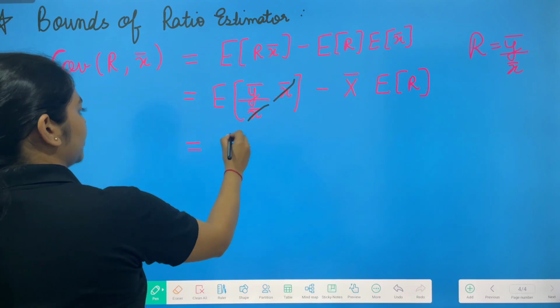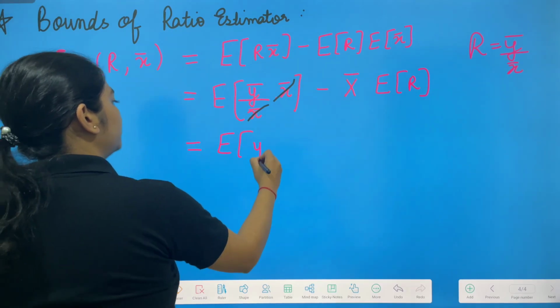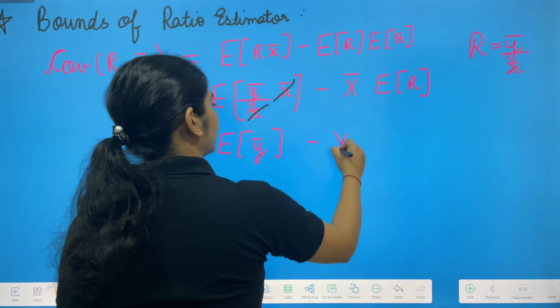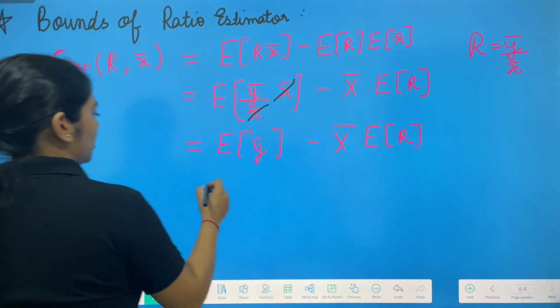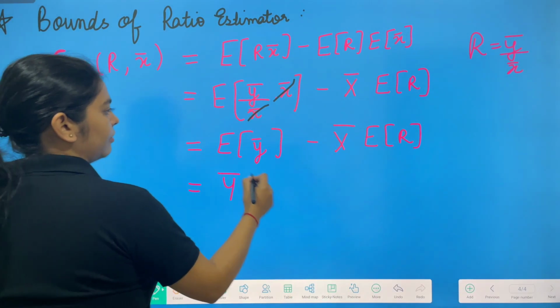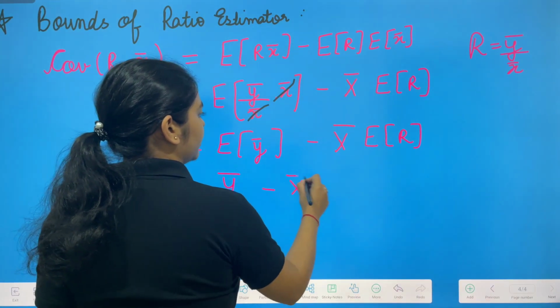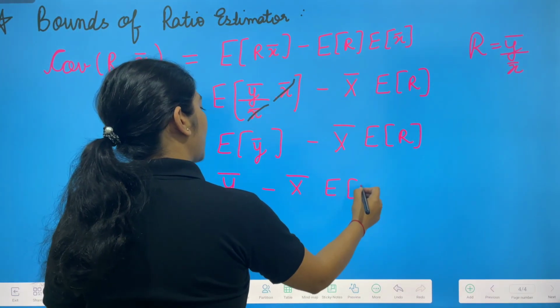We are left with estimation of y bar minus x bar into estimation of R. Now estimation of y bar is again capital Y bar minus x bar into estimation of R.